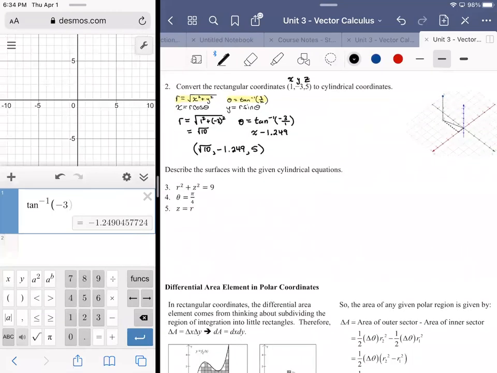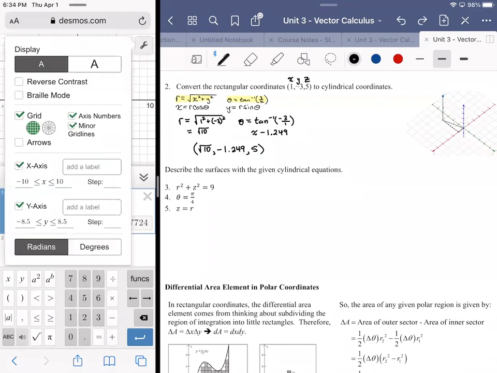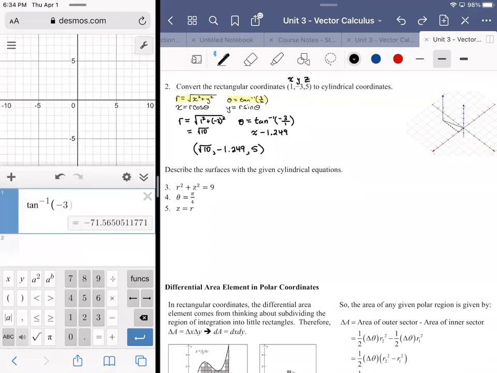So I put a little GeoGebra diagram in here just so we can kind of get an eyeball on it. But you're looking at it from the perspective of the x-axis. So this is the x-axis here. It's hard to see, but that's the x-axis. I'll zoom in a second. But just to get a decent understanding, it's roughly about negative 72 degrees from the x-axis.